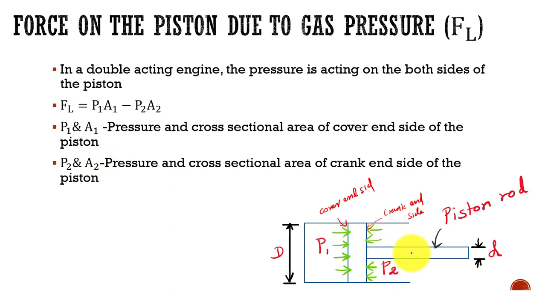If you ignore the cross sectional area of the piston rod, what would happen? A1 is going to be equal to A2. If the area of the piston rod is ignored, A1 is equal to A2, because if you are not provided with that dimension in the problem, we can just ignore it.